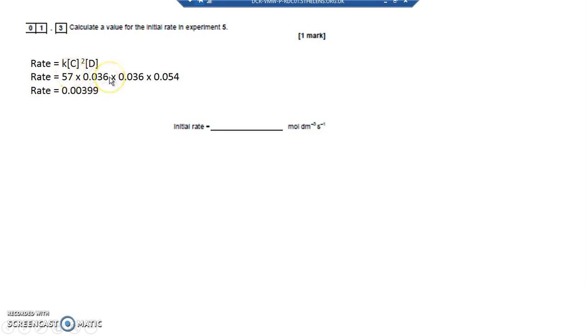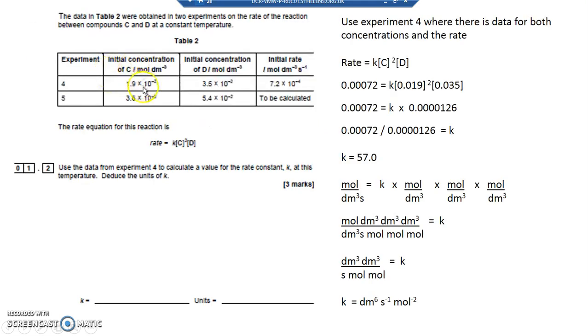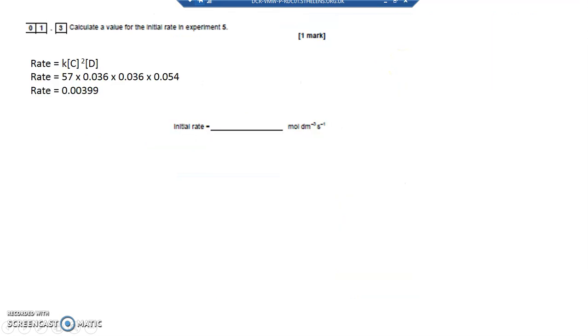And then we put the numbers in. From here, 3.6 times 10 to the -2 is the concentration of C, which needs squaring, multiplied by 5.4 times 10 to the -2, the concentration of D. And we run it all out, and the rate equals 0.00399, and we've been given the unit, so that's fine.